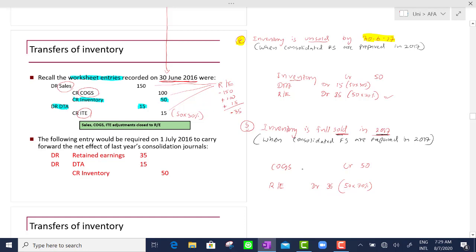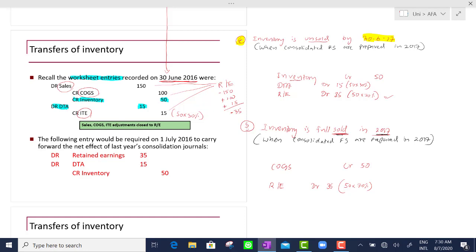Okay. Now it is realized because it is sold to an external customer, right? When the profit is realized, then only you have to recognize the income tax expense. Again and again I am telling you, this is the consolidation adjustment, not the individual company's point of view.